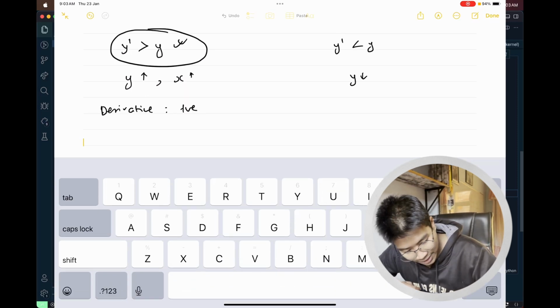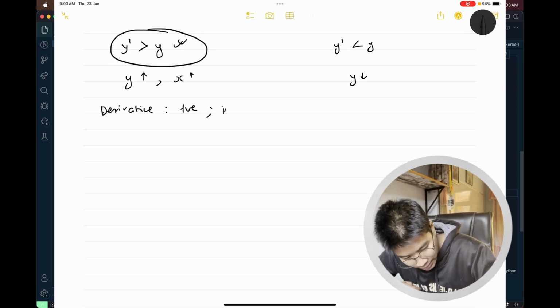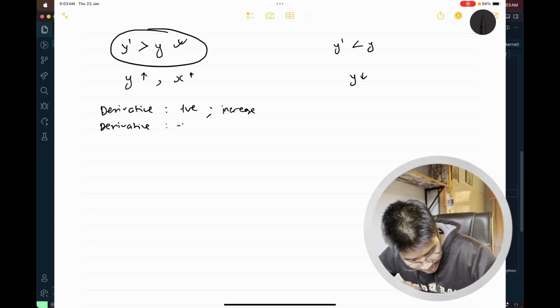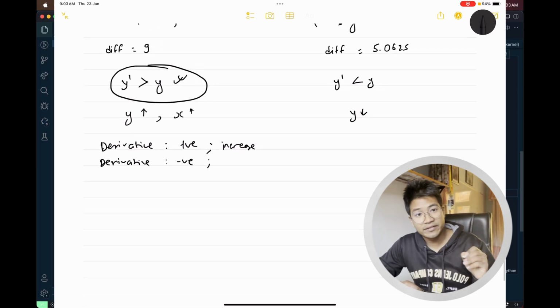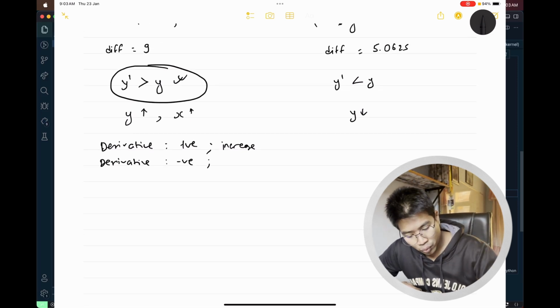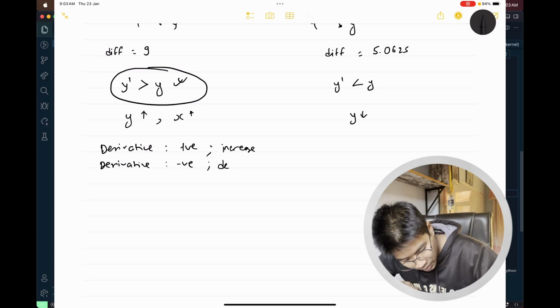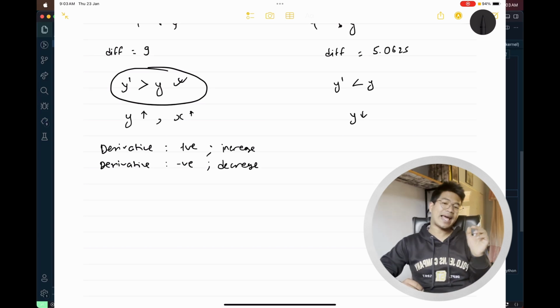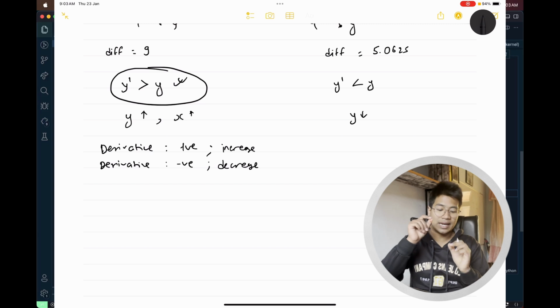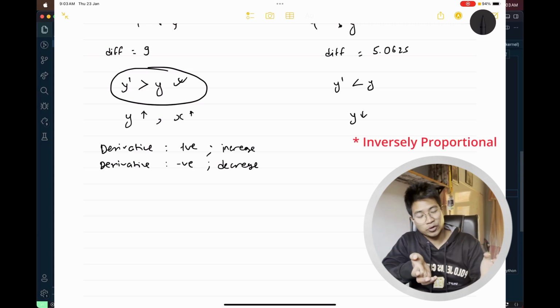So this would be increase. If your derivative is a negative number, you would want to decrease, because decreasing x would mean that your y would increase, right? Negative just means inversely proportional.